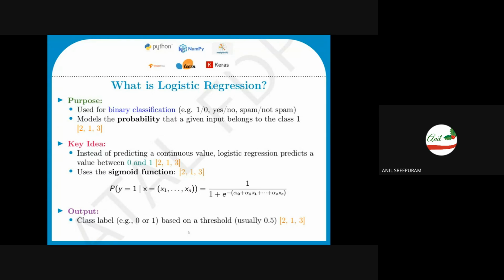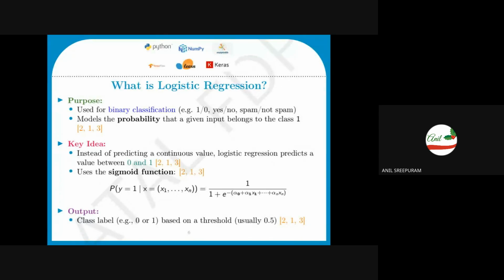There are some intricacies involved there, and I want to explain that later. After discussing all these slides, I'll try to explain why this relation came into the picture. This function, 1 by 1 plus e power minus x, is called the sigmoid function.